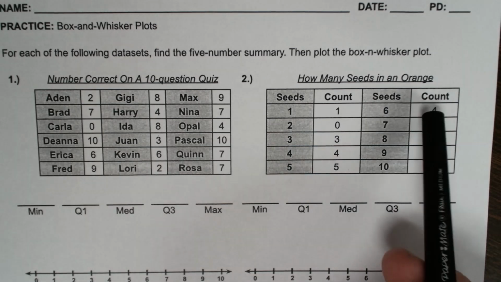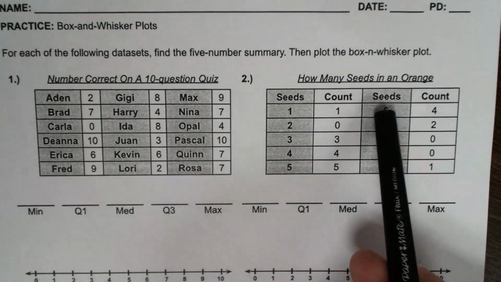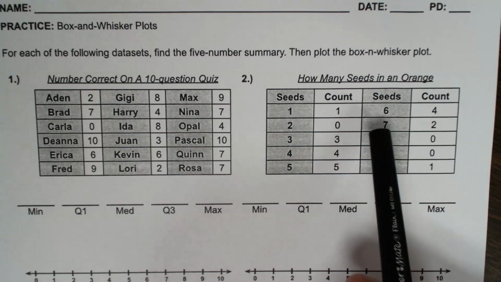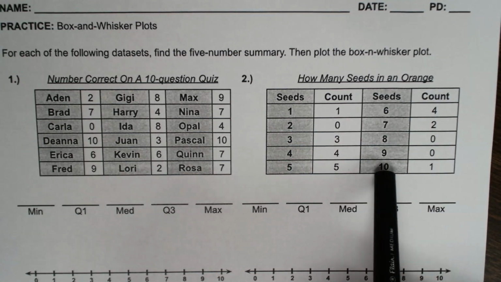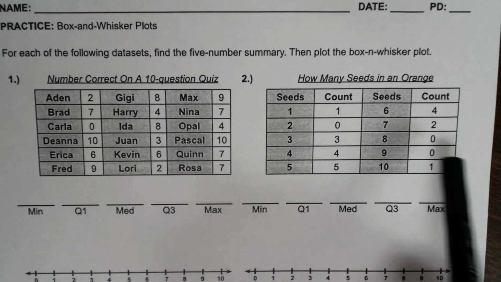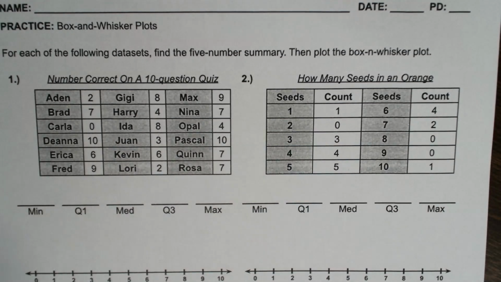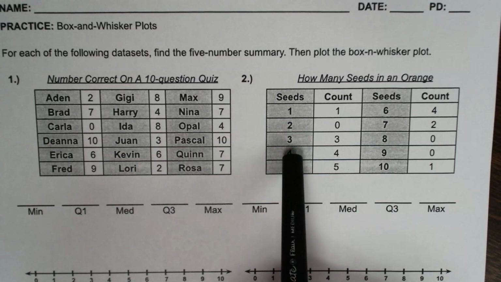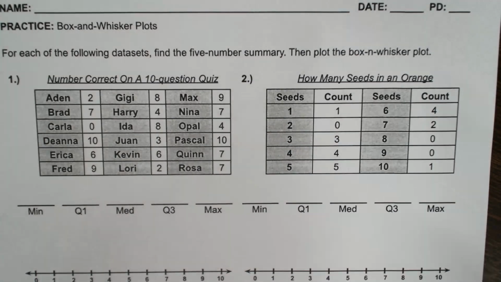Because this 6 has a 4 beside it, you type in 6 4 times. 6 6 6 6, 7 7, 10. You'll notice that I skipped the 2 and the 8 and the 9 because there are none of them. Again, this would be 1, 3 3 3, 4 4 4 4, 5 5 5 5 5, 6 6 6 6, and so on.